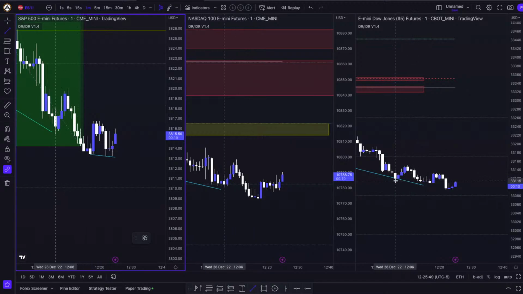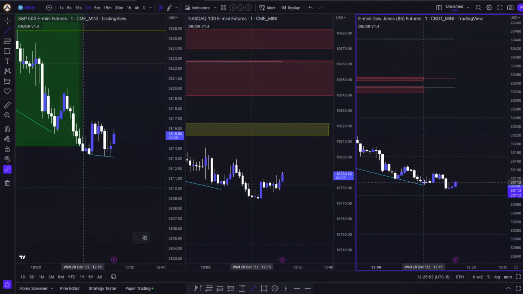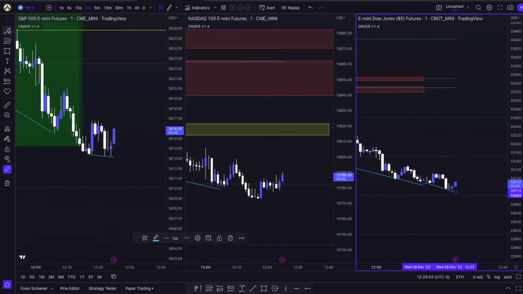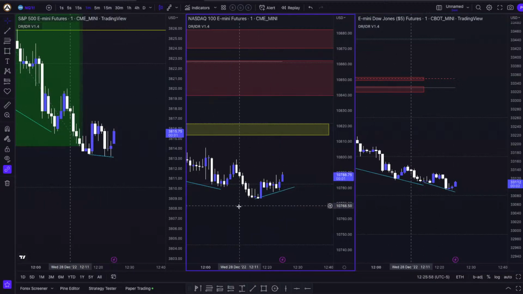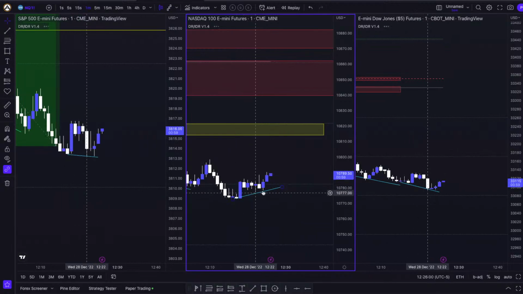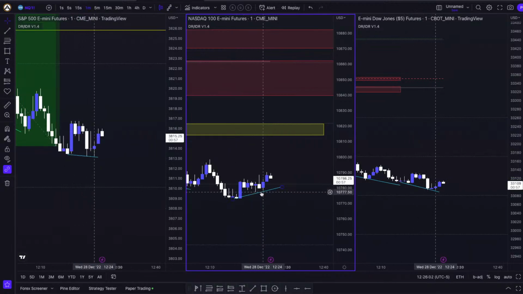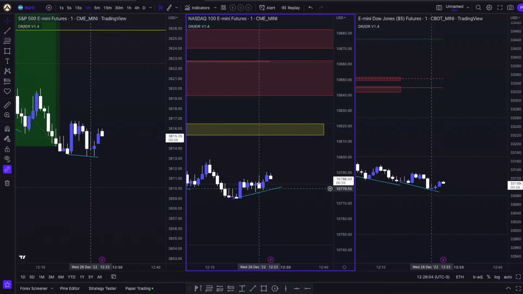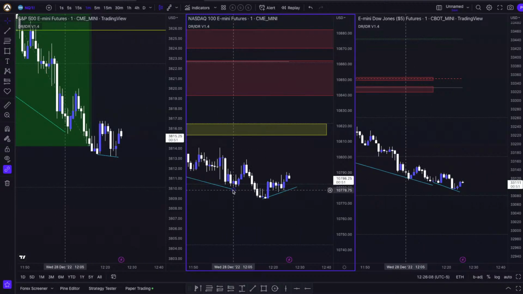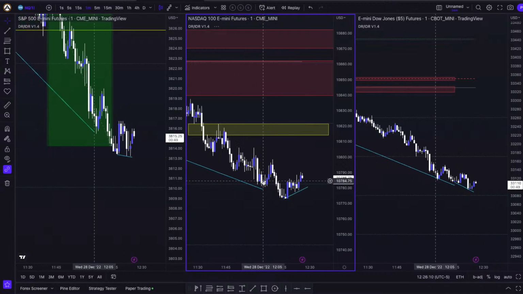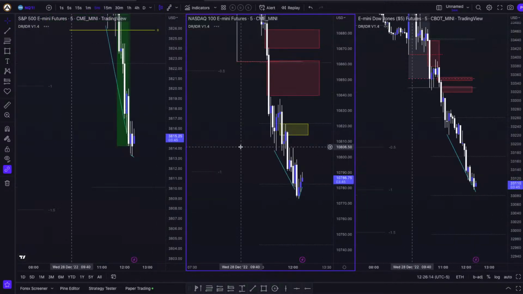We did the same on Dow Jones, but we had a divergence between them on Nasdaq, where we formed higher lows and did not follow this move to the downside. So we basically filled in this fair value gap here. So now we have divergence between indices at the end of the stream.